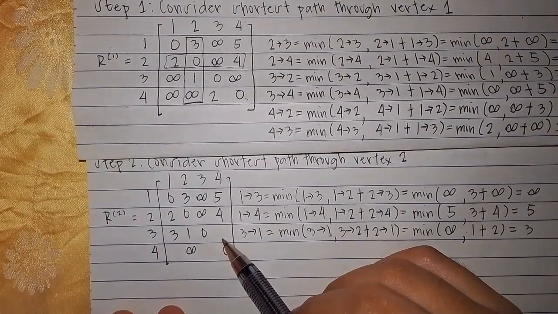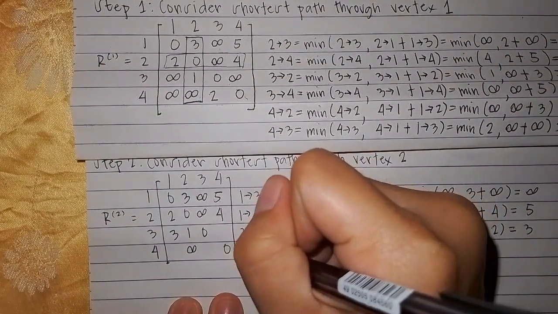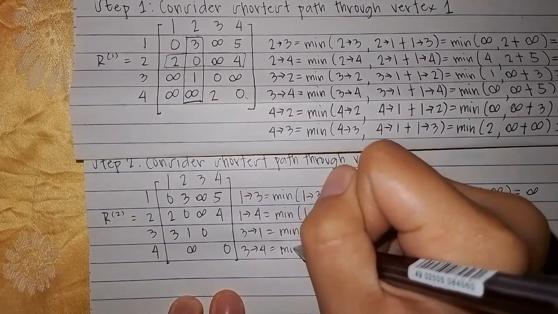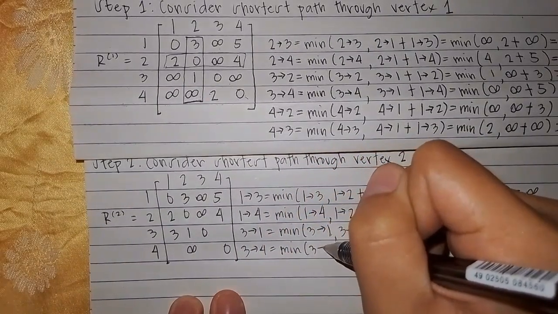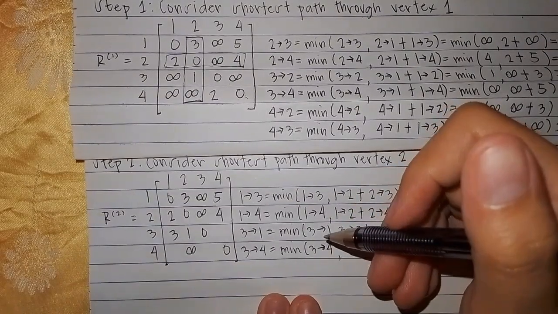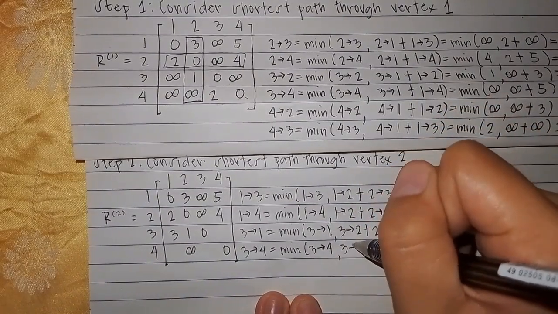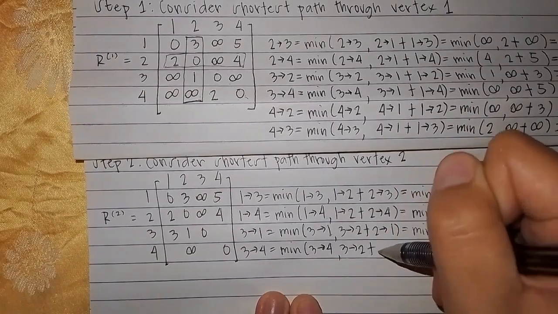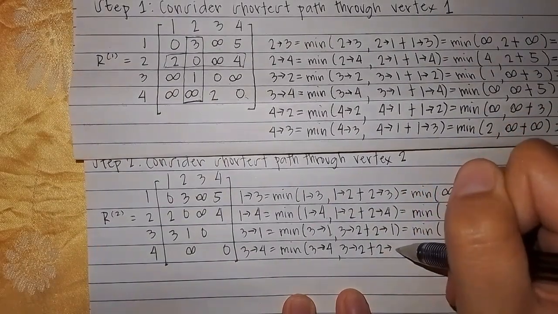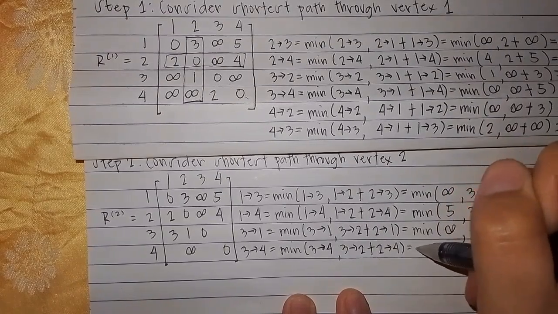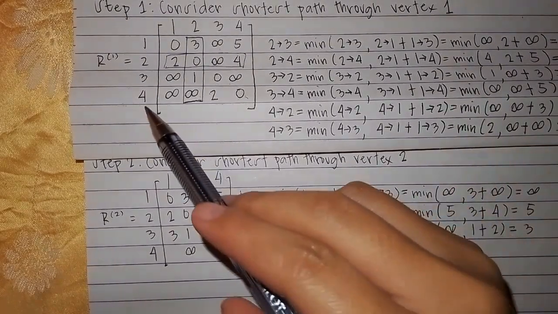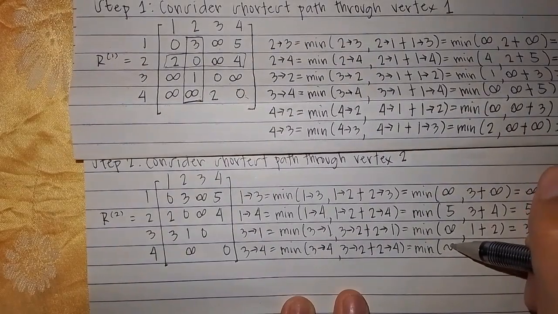And 3 to 4. So 3 to 4, as you can see in the matrix, it's infinite.